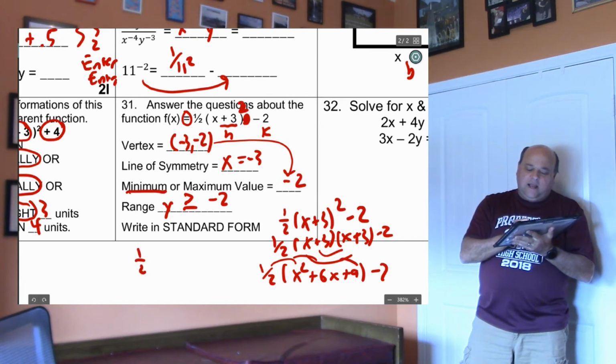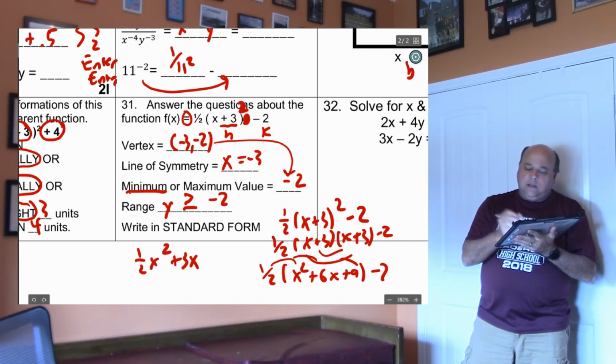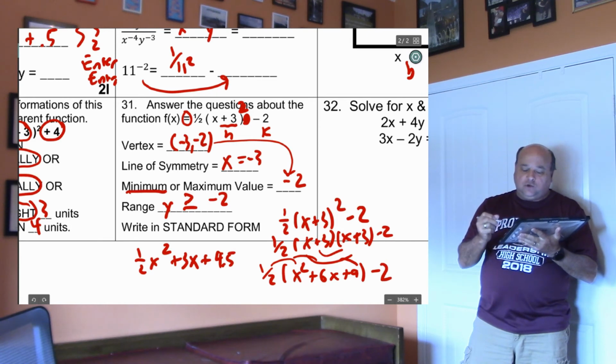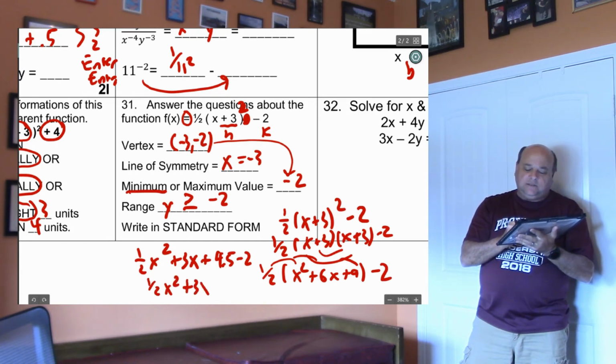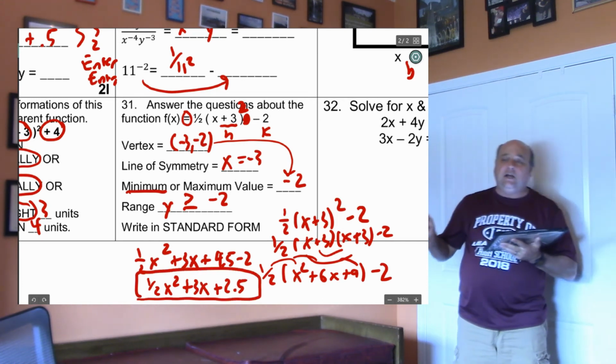So I'm going to have 1/2 x squared plus 3x, and then 4.5. Half of 9 is 4.5, and then minus 2, and I'm going to end up with 1/2 x squared plus 3x plus 2.5, which is 5 over 2. So this right here would be my standard form.